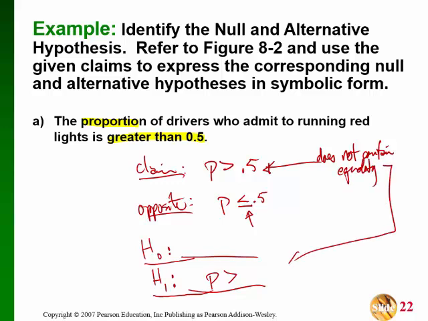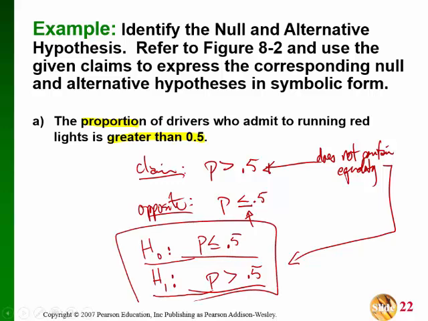And for that reason, it goes into the alternative hypothesis, which means the other one must go into the null hypothesis. Okay? Does that make sense?